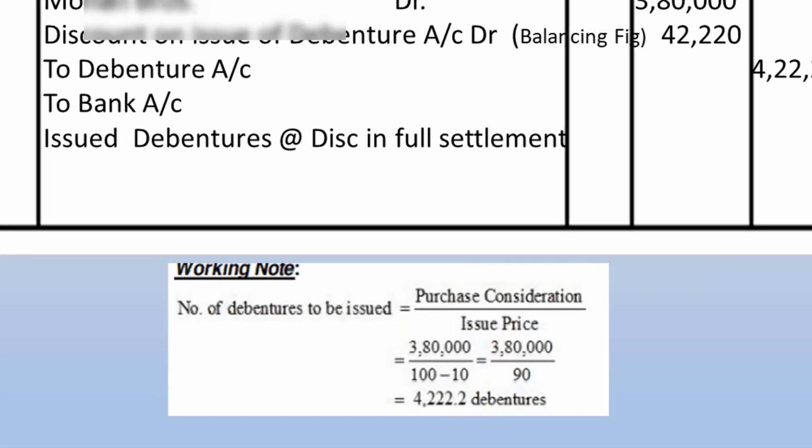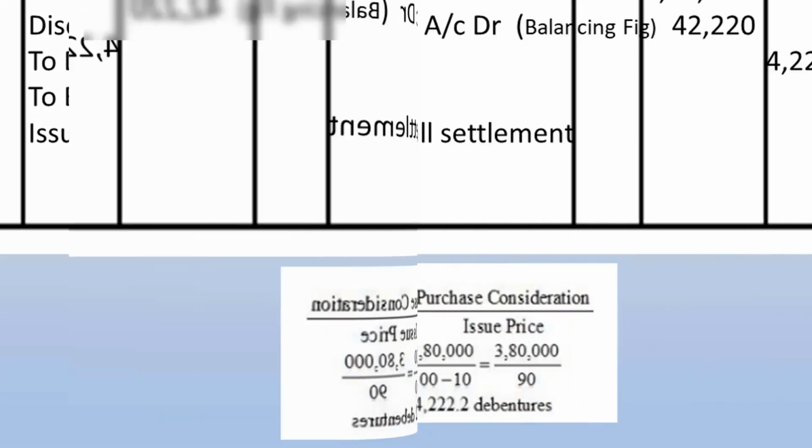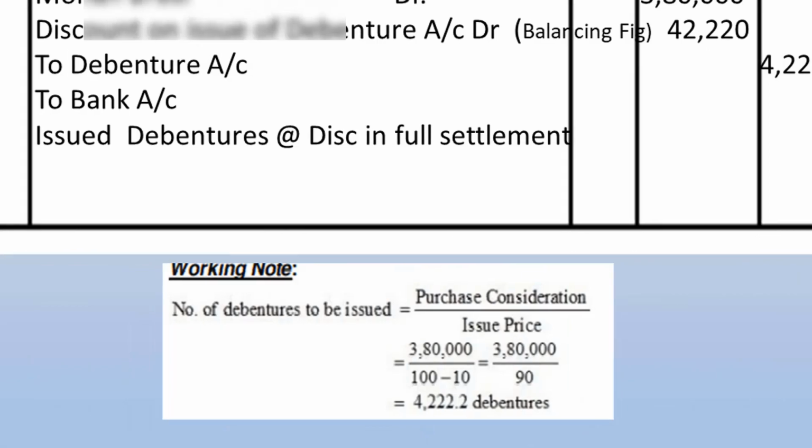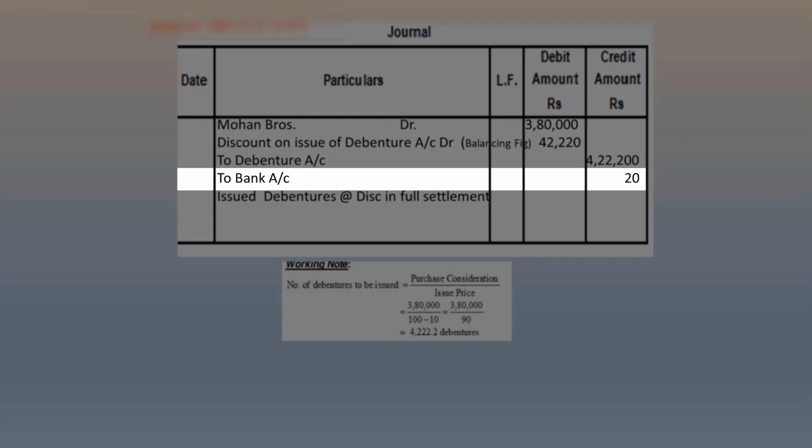The consideration of rupees 3,80,000 divided by rupees 90 being the issue price after the discount of 10% results in 4,222.2 debentures. 4,222 debentures is then issued and accounted as 4,22,200. Obviously, fractions of a debenture cannot be issued. This is then refunded in cash.